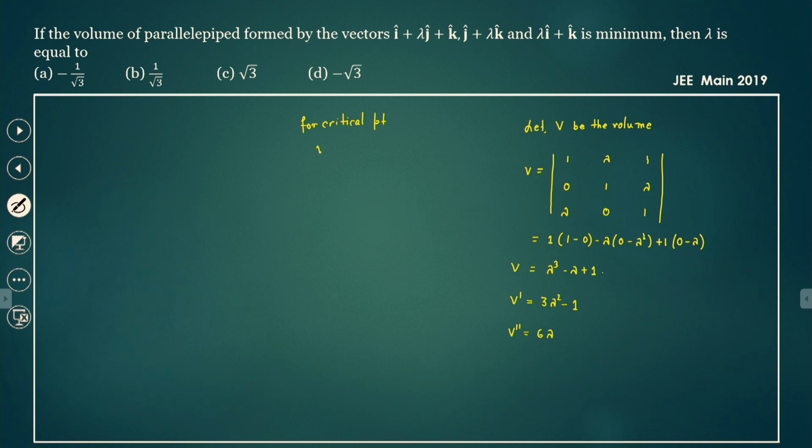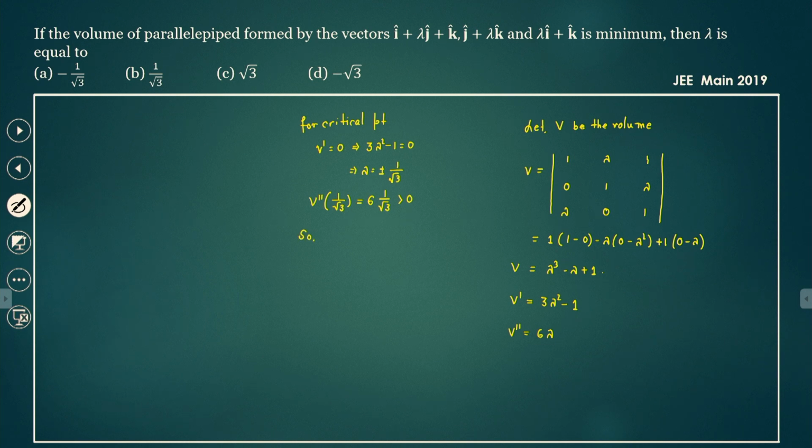we consider V dash equal to 0. That implies 3 lambda square minus 1 is equal to 0. That implies lambda is equal to plus minus 1 by root 3. And see that V double dash at 1 by root 3 is 6 times 1 by root 3, which is greater than 0.